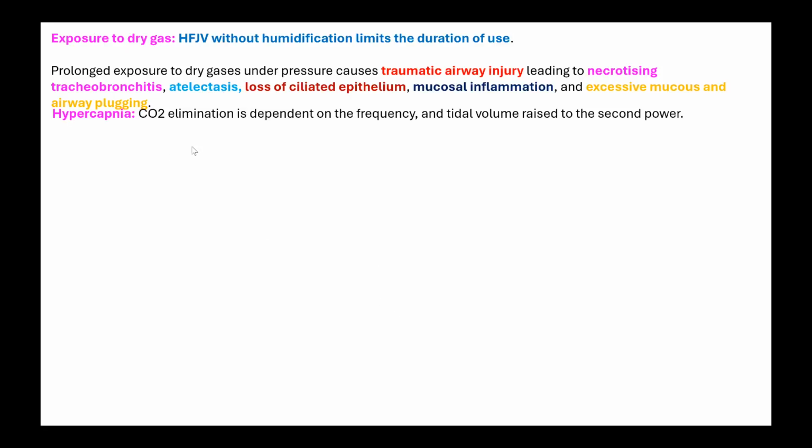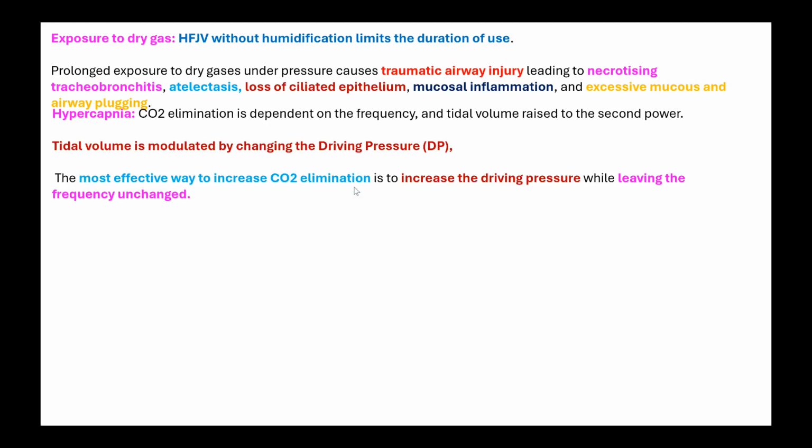And hypercapnia can happen because the expiration of carbon dioxide is mainly dependent on the passive recoil of the lung and chest wall. So CO2 elimination may not happen completely, unless the tidal volume is adequate. This is modulated by changing the driving pressure.